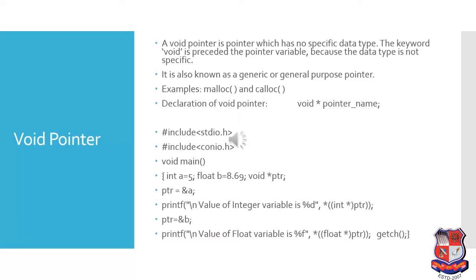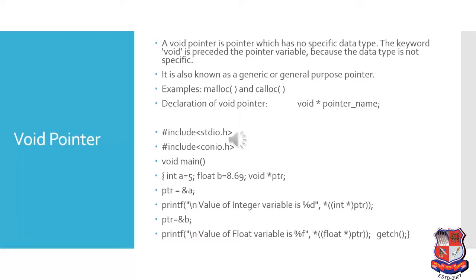So when we are writing printf, just look at the last word in the printf: within the brackets we write int and then asterisk. This is the typecast. So we are converting this pointer into an integer pointer and then displaying its value as an integer, right? So 5 will be displayed.